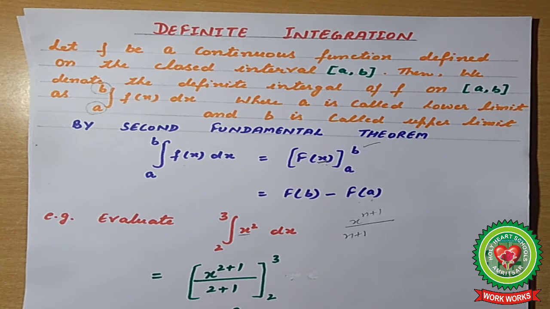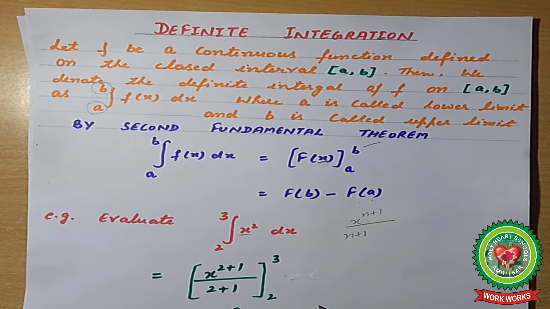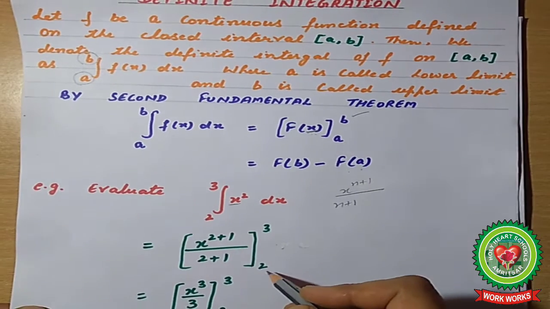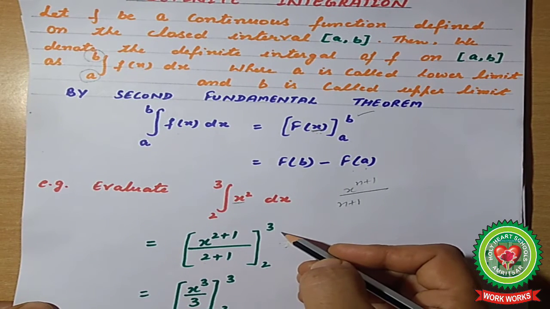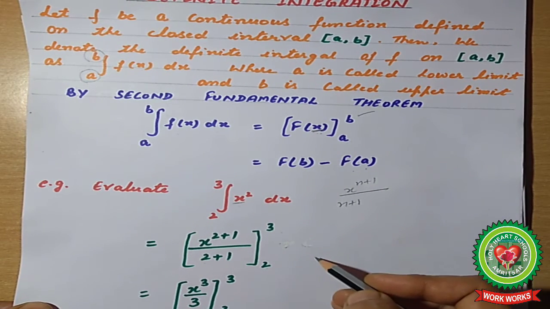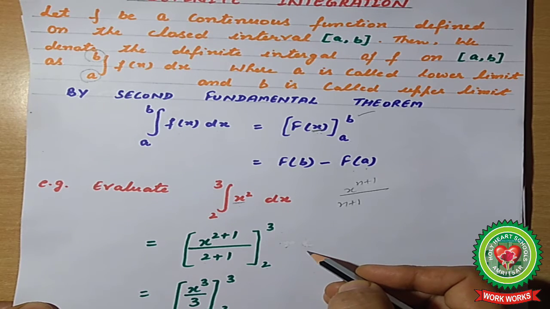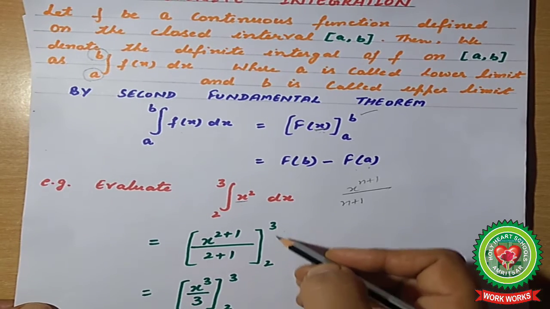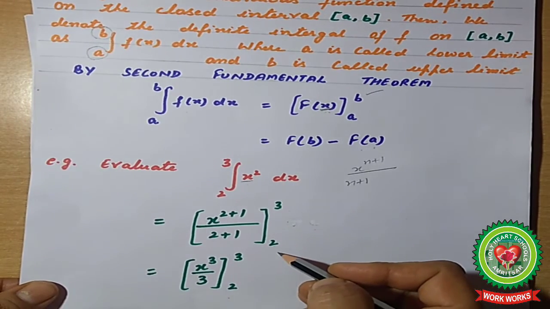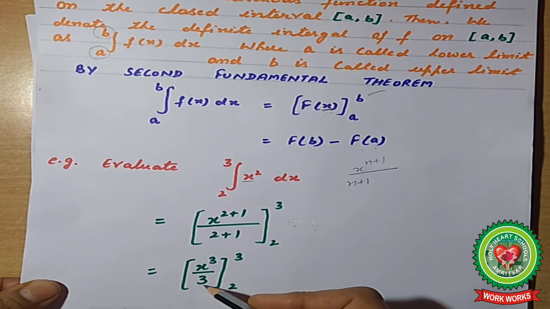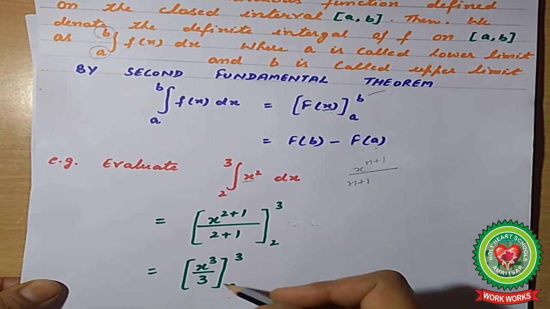Now, here we will not write down the c term because a definite period, 2 to 3, is given. No need to write down the constant of integration. Then we put the limits and find the answer for the particular period. Now it will be equal to x cube upon 3, limit 2 to 3.